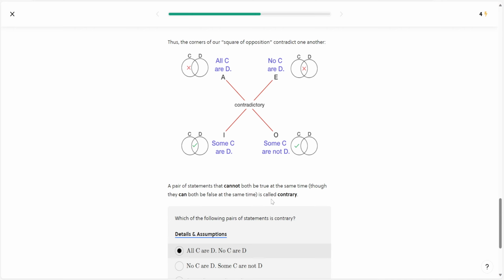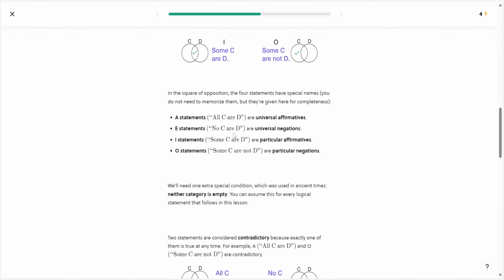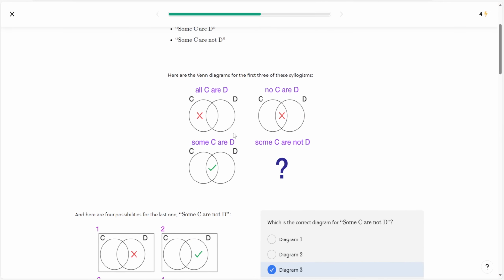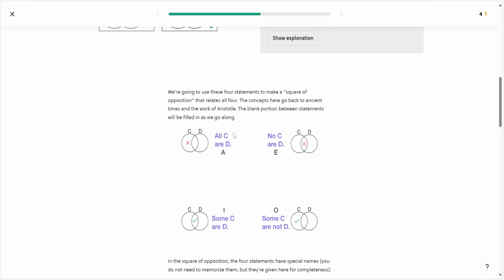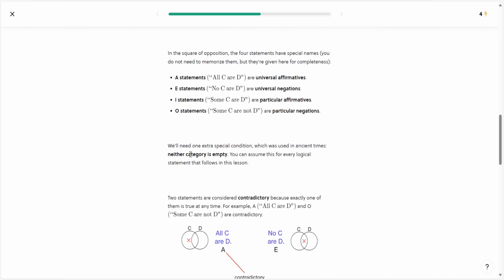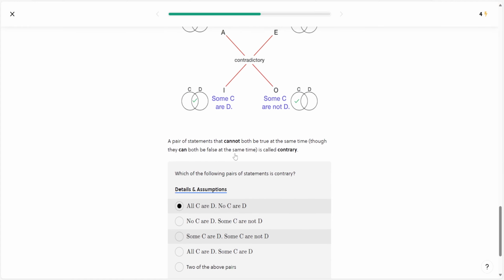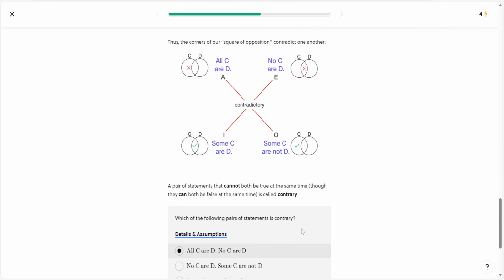No C are D, all C are D. Because if we go back up again, it said, somewhere anyway, the special thing. Here it is. We'll need one special condition when neither category is empty. And if this all C are D, no C are D is empty, then C would be empty.